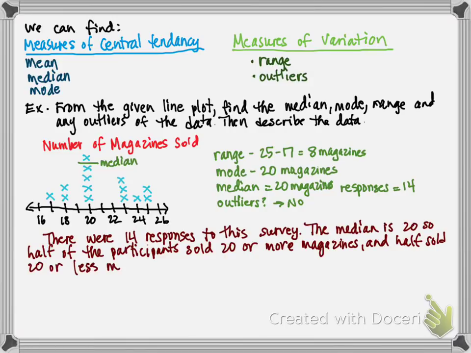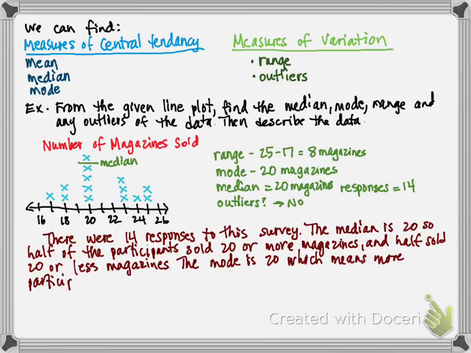Talking about the placement of the mode. Okay, the mode is 20. Which means more participants sold 20 magazines than any other number of magazines.